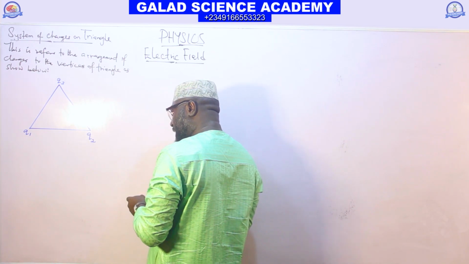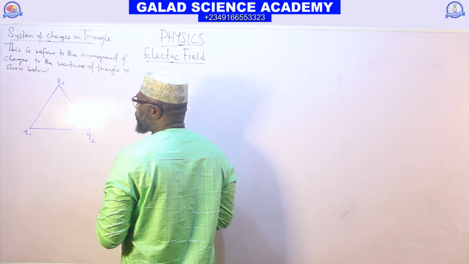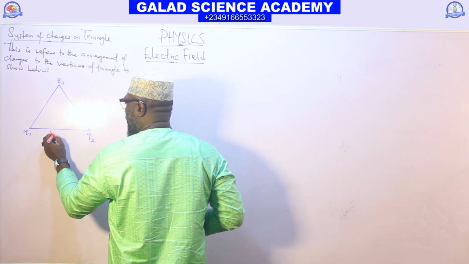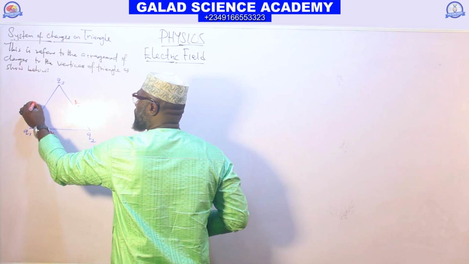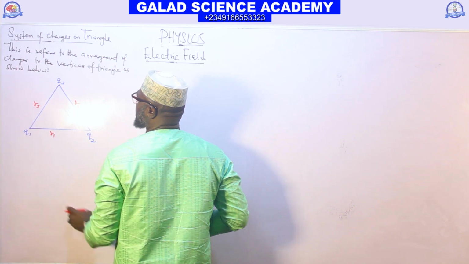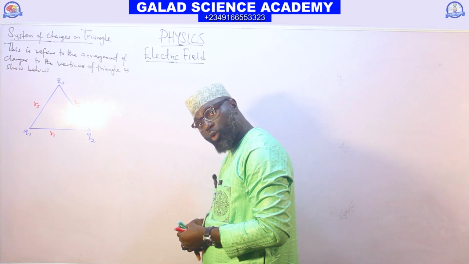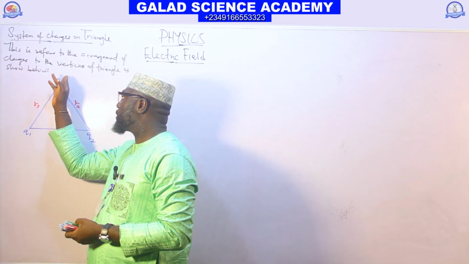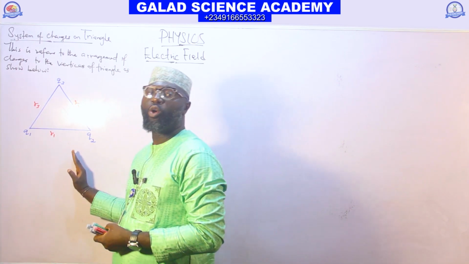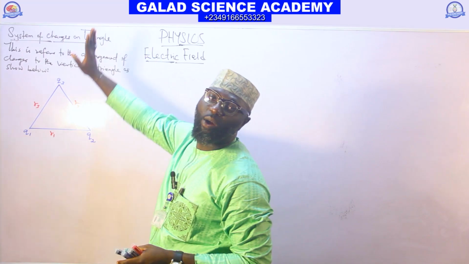Let the distance between Q1 and Q2 be R1. Distance here is R2. Distance here is R3. So the arrangement of this charge Q1, Q2, Q3 on this triangle is what we call the system of charge on triangle.